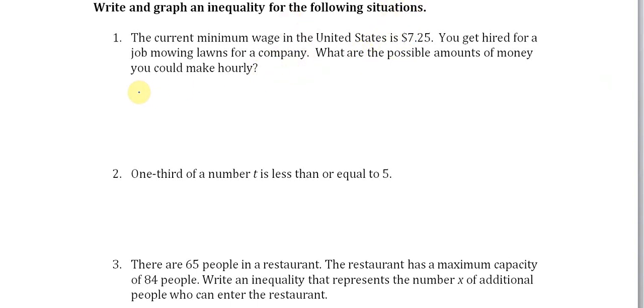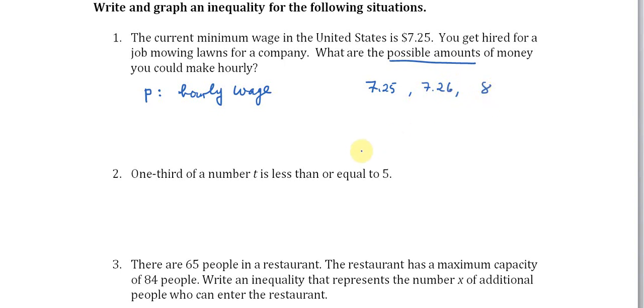Well, let's start with the variable. Let's say P is the amount of money, your hourly wage. Well, there are a lot of possible amounts. In fact, there are infinitely many. You could make $7.25. You could make $7.26.